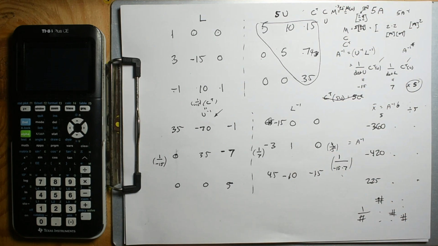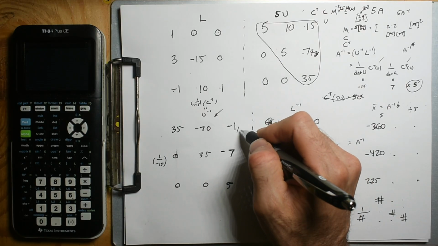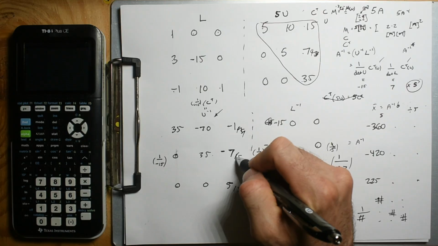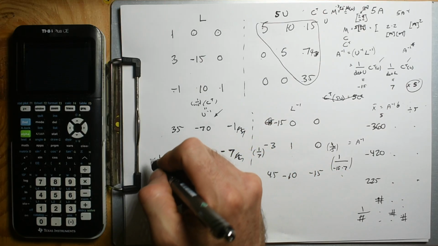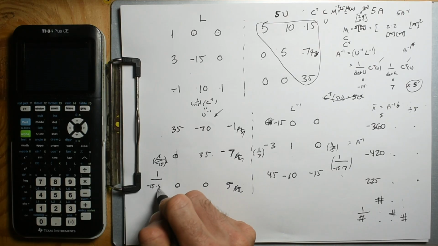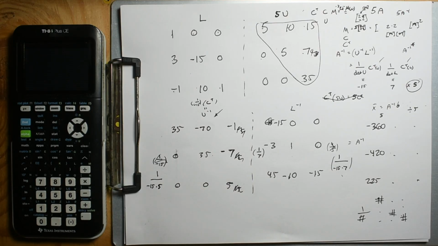So I would have to divide everything by another factor of 5 to actually get that. And so that's where my determinant is negative 15, 5. Or I can put that other factor of 5.